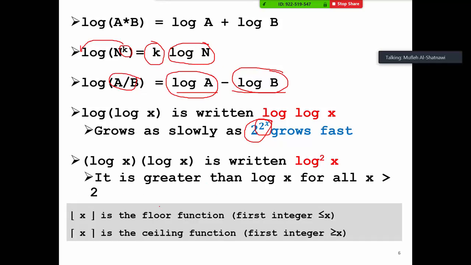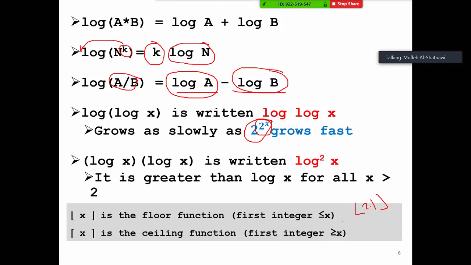Other math review functions are the floor function and the ceiling function. The floor function returns the greatest integer not greater than x. So if you want to take the floor of 2.1, it generates the largest integer not greater than 2.1, which is 2.